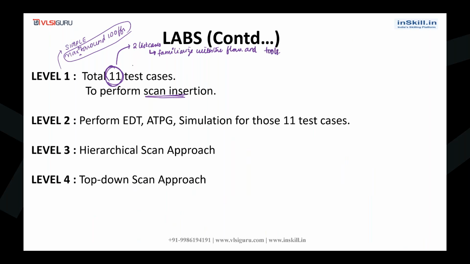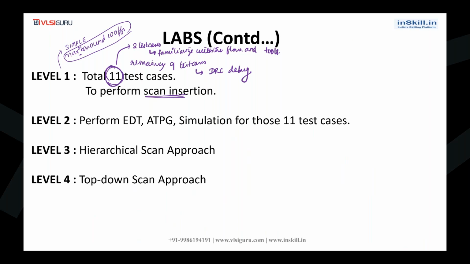And then the remaining nine test cases will be for DRC debug. As I told, if a flop has to be converted to a scan flop, then it has to pass certain rules. Those rules are called design rules, DRCs. In the remaining nine cases, you will have DRC violations.